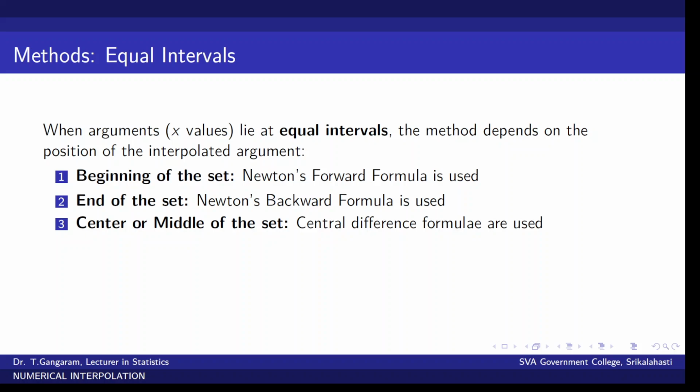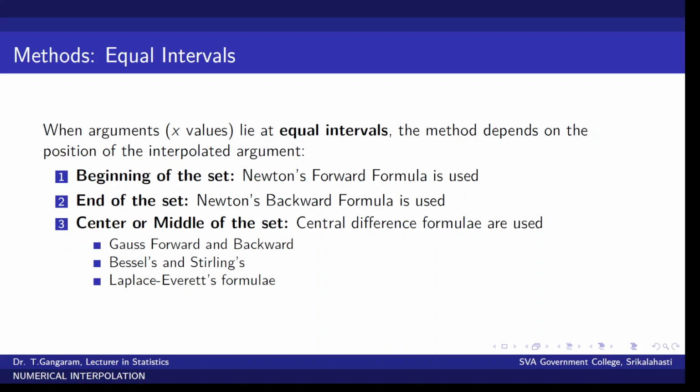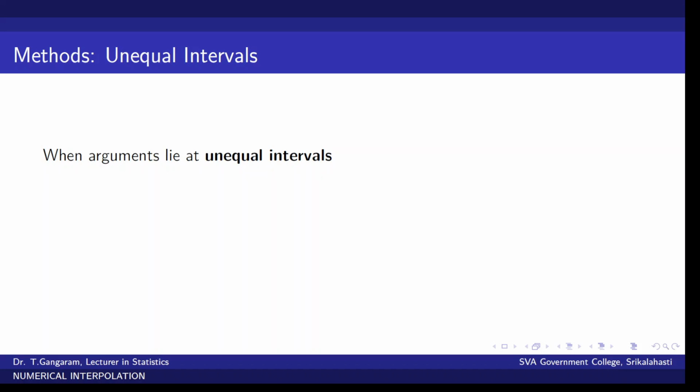Whereas if the interpolated value lies in the central middle of the given set of values, we use central difference formulas like Gauss forward and Gauss backward formula, Bessel's formula or Stirling's formula, and Laplace-Everett's formula.